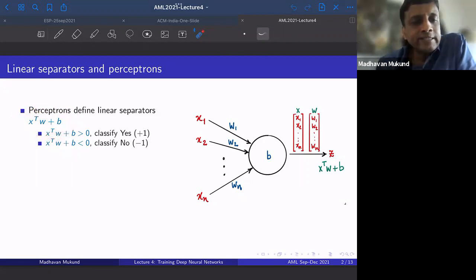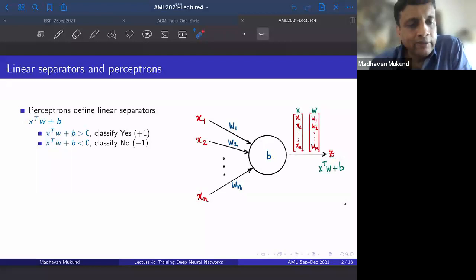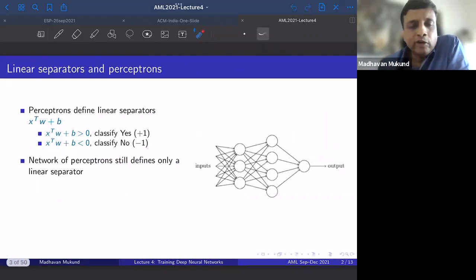You have the weights W and the bias B, and the input vector is X, and then it will compute X transpose W plus B, and depending on whether that value is positive or negative, it will classify yes or no. And the perceptron algorithm essentially will find these weights from the training data if the data is linearly separable.